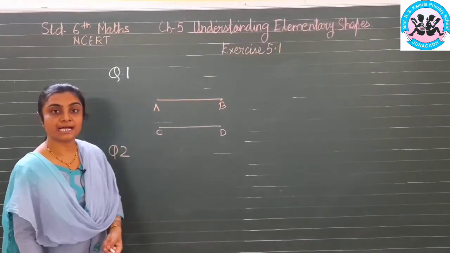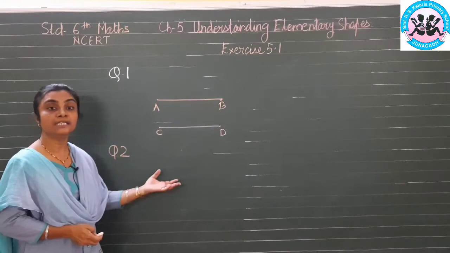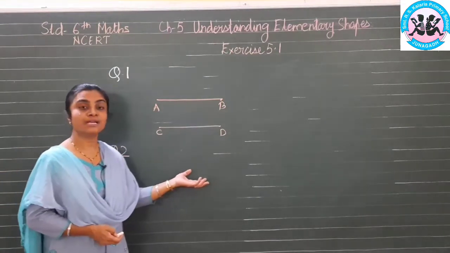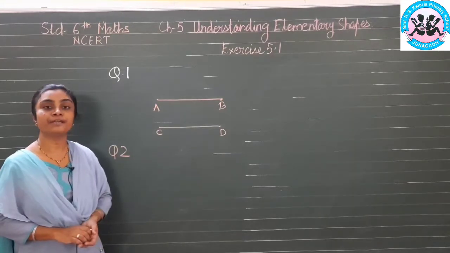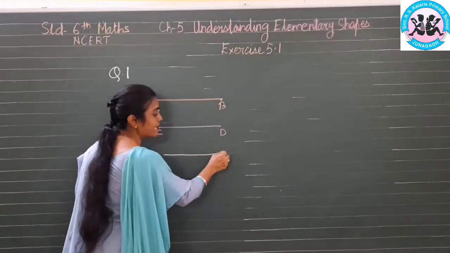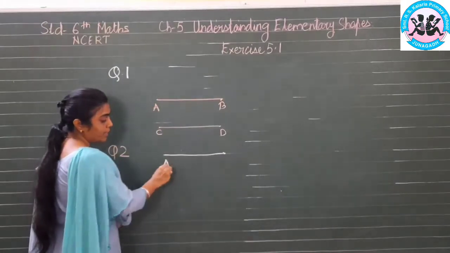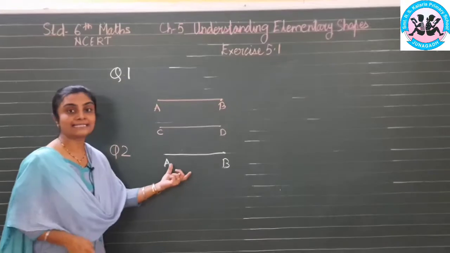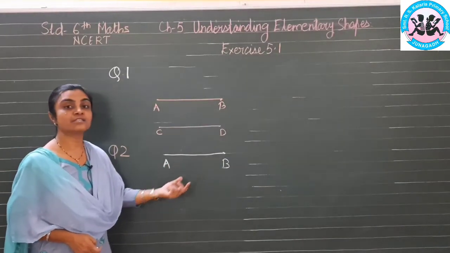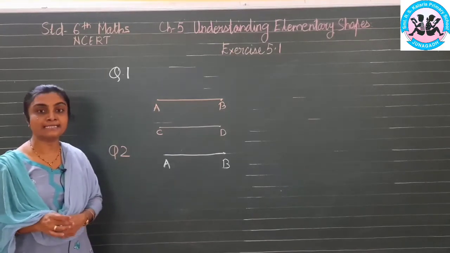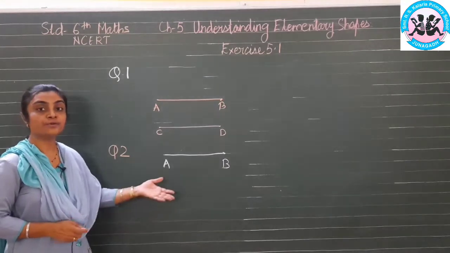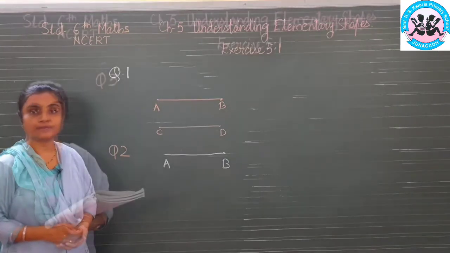If you use a divider, you can get the correct or exact reading of a line segment, and the chances of error are also less than with a ruler. So this is the answer, we can use a divider instead of a ruler.